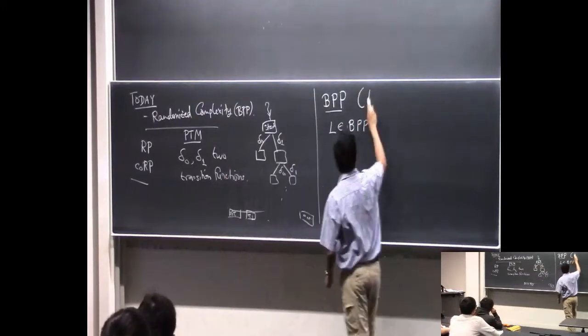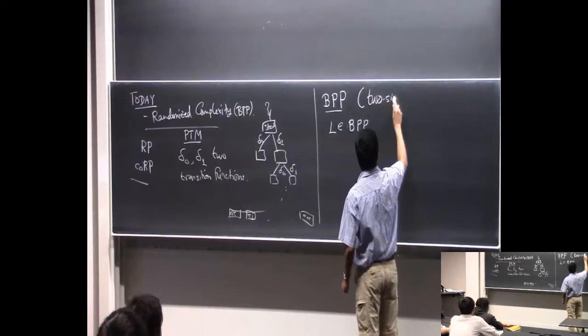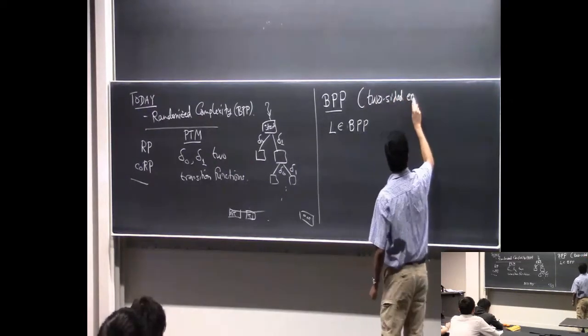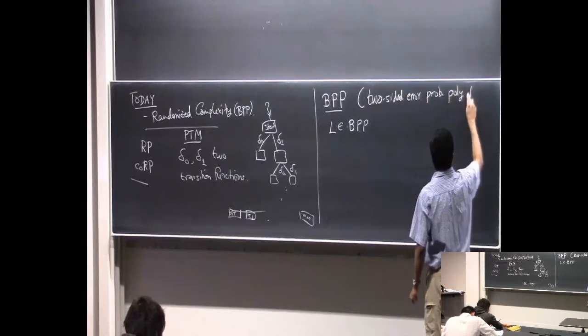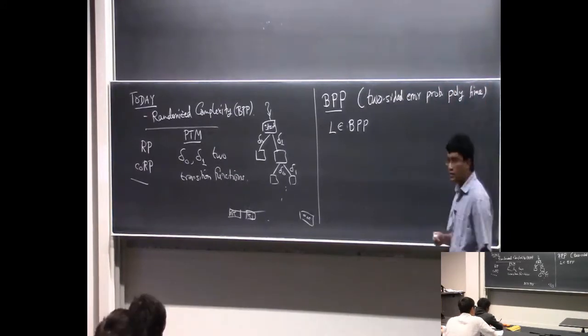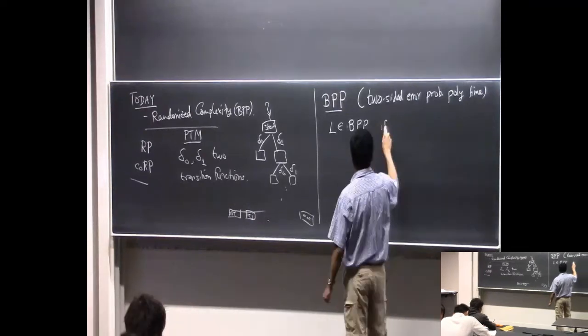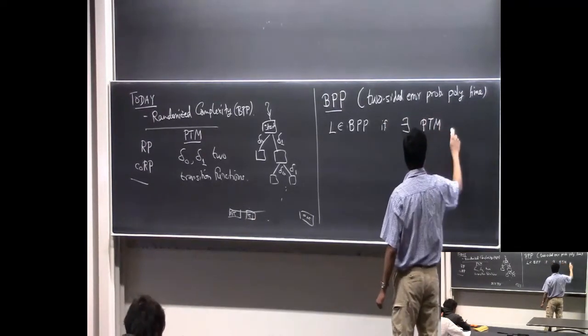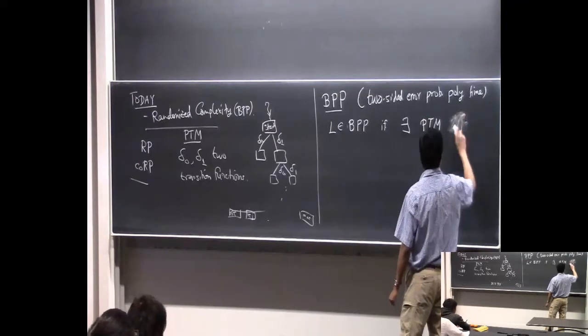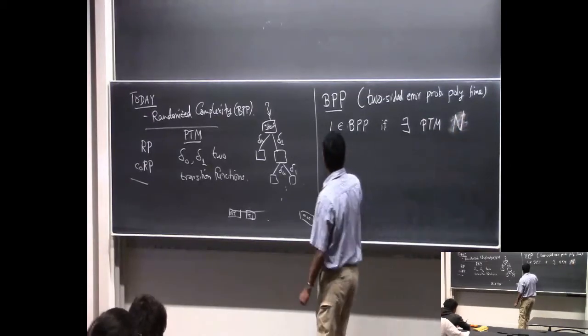So this is two-sided error probabilistic polytime. A language L is in BPP if there exists some probabilistic Turing machine N such that the following happens.